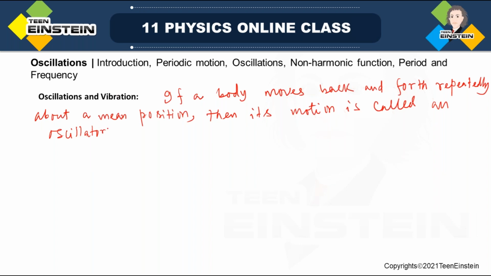Oscillatory motion. This can also be called vibrations. Since it is repeating after a particular interval of time, it can also be called harmonic motion.